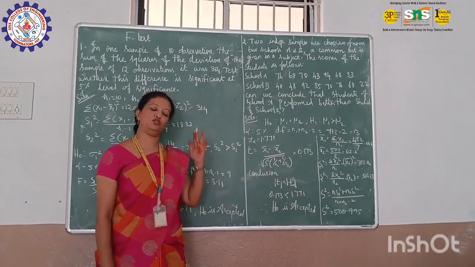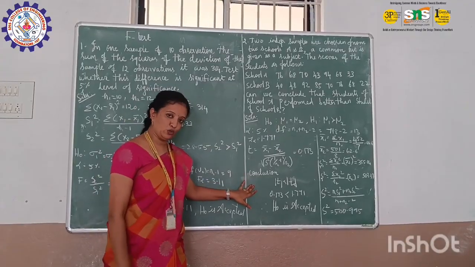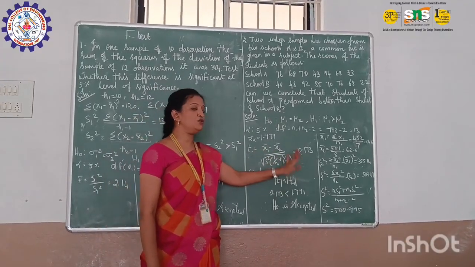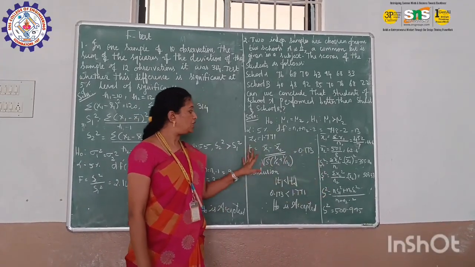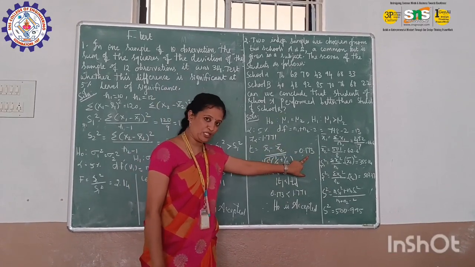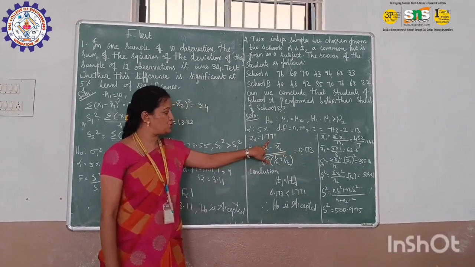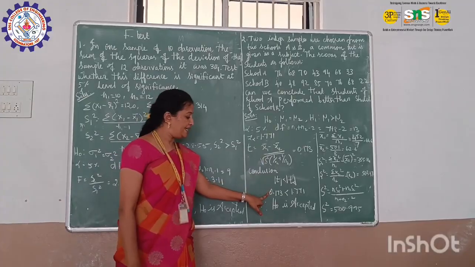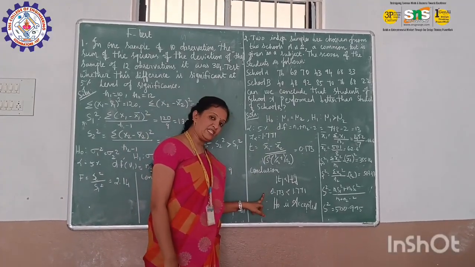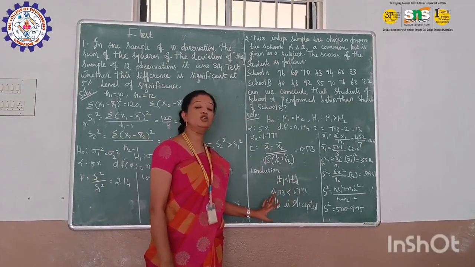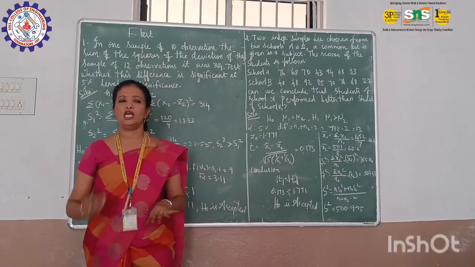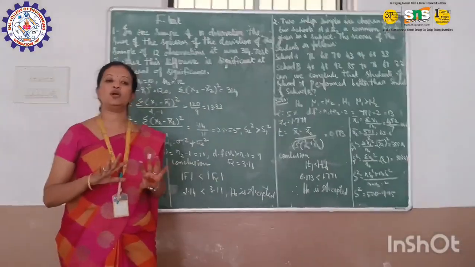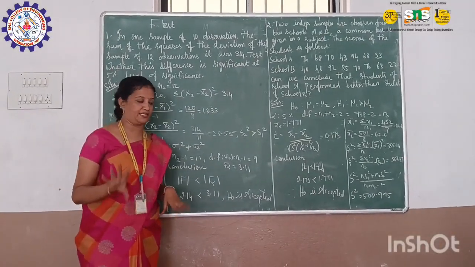As in the previous test, your conclusion is that your calculated value should be less than table value. Here your calculated value is 0.173, table value is 1.771. Calculated value is less than table value. So H0 is accepted. In all these tests, we see only the acceptance of the null hypothesis.